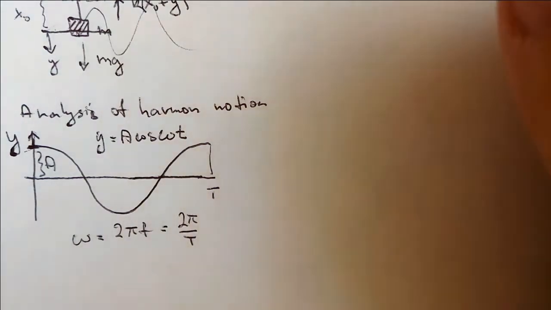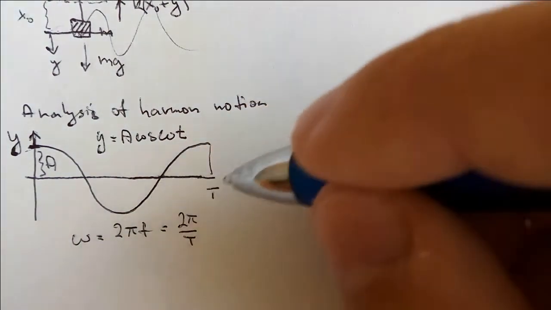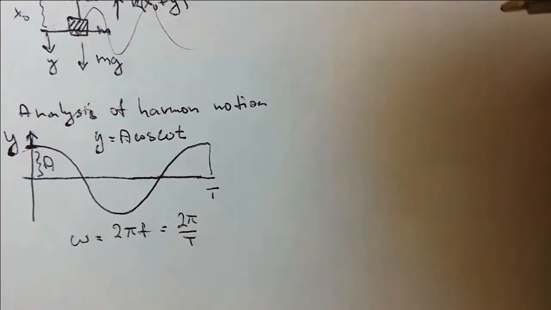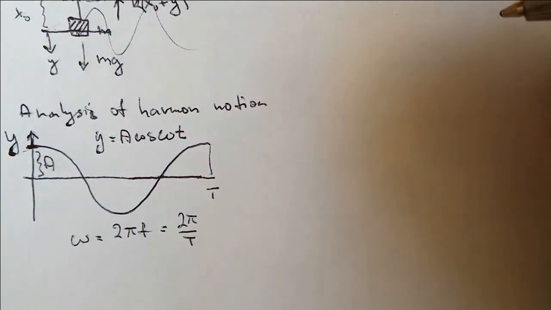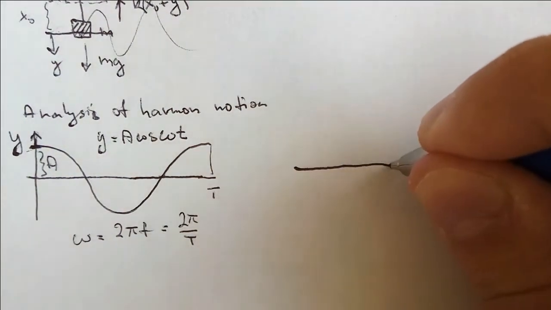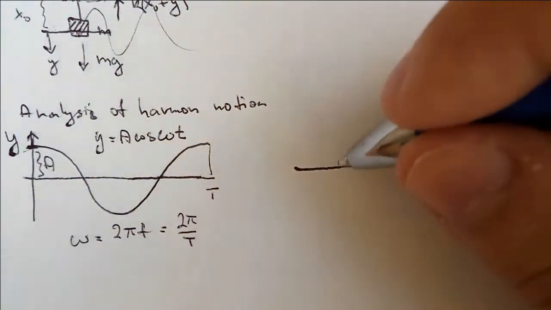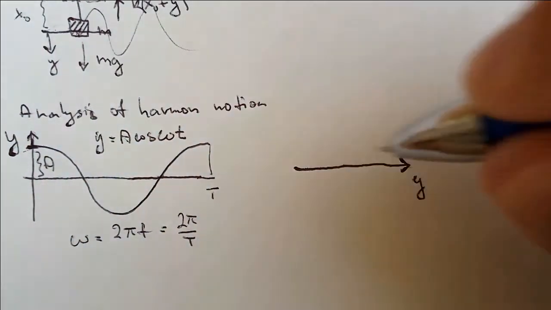So now let us reformulate this motion using complex numbers. So what do I mean with that? You can imagine that this motion, which is cosine, is just a projection. I will rotate this axis 90 degrees to the right.